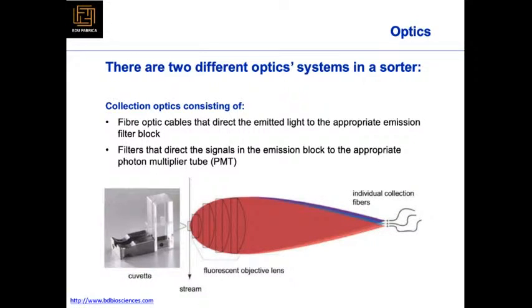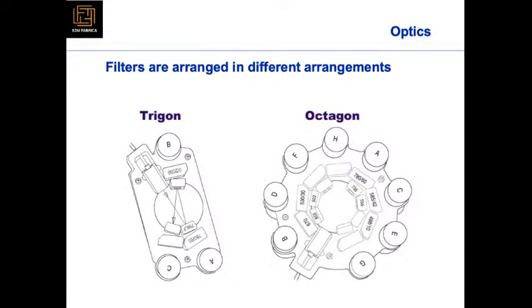Then there is the collection optics. Collection optics consist of fiber optics and PMTs, that is, photomultiplier tubes. Your filters could be arranged in a trigon or octagon shape. A trigon would be like A, B, C, and an octagon has eight positions, A, B, C, D, E, F, G, H, in opposite direction.